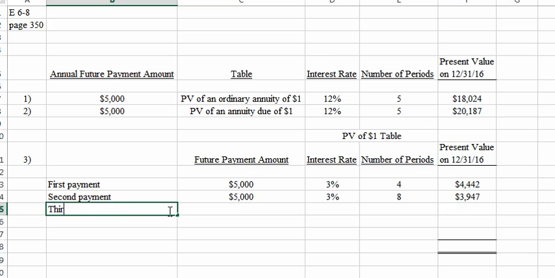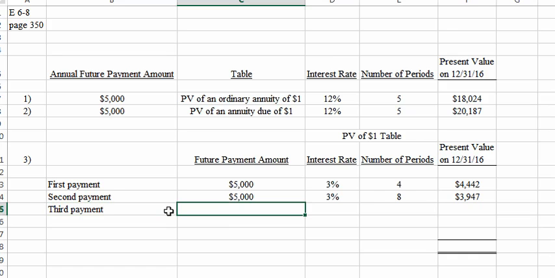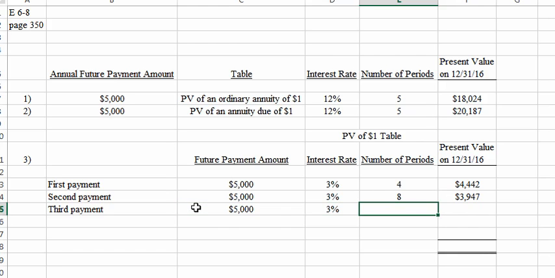Okay, our third payment will be received on December 31, 2019. Again, that's 5,000, 3% per quarter. Okay, 3 years times 4 quarters per year would be 12 quarters. So we come down in the 3% column on present value of $1 table.